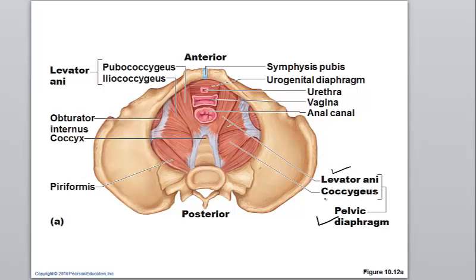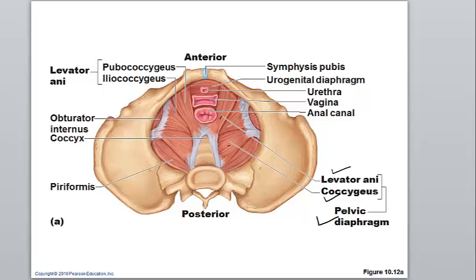So you have the levator ani and coccygeus muscle. So here's your coccygeus muscle and here's your levator ani over here, okay? Levator ani holds the pelvic viscera, that's your internal organs, and also helps when you cough or vomit or any of those things, it resists anything coming out.